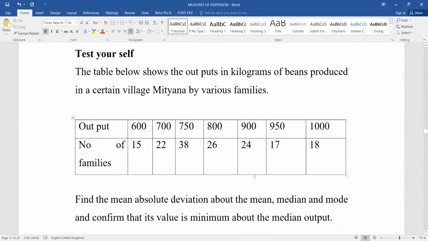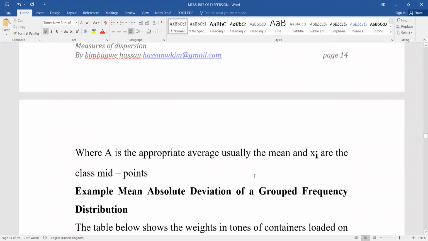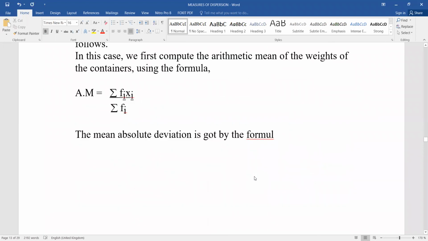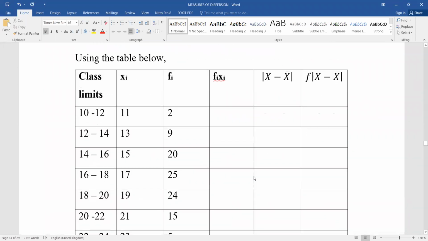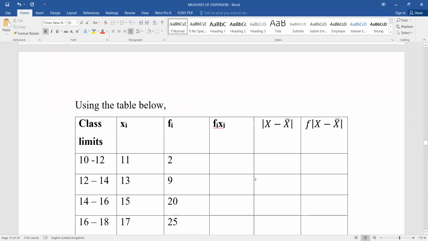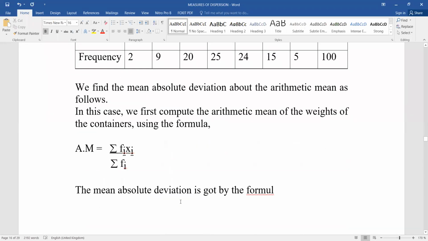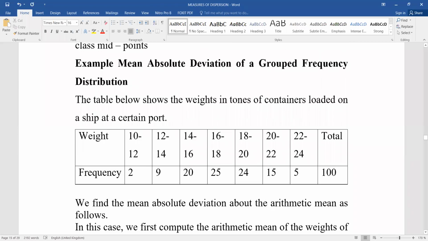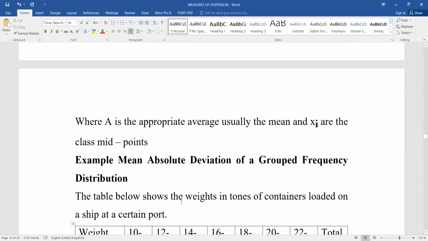So you'll test yourself. If somebody wants to do another example, you can do that one. We find the mean absolute deviation. The table below shows the weights in tons of containers loaded on a ship.